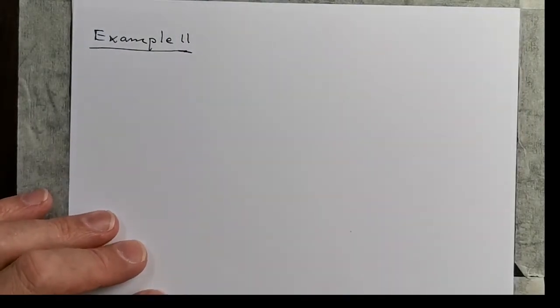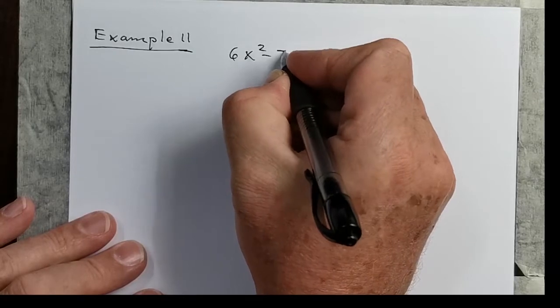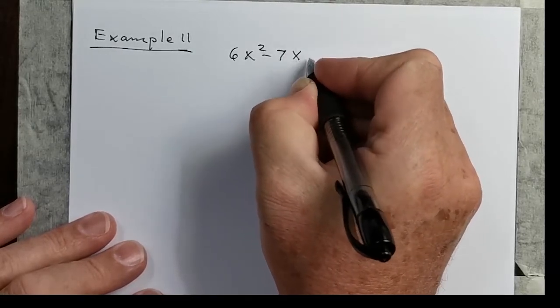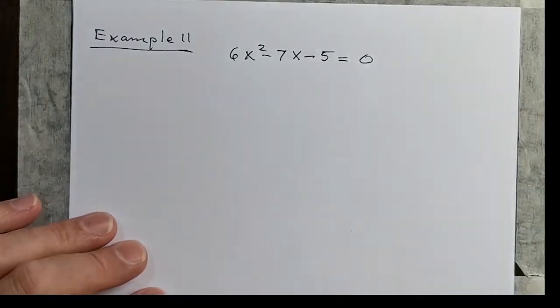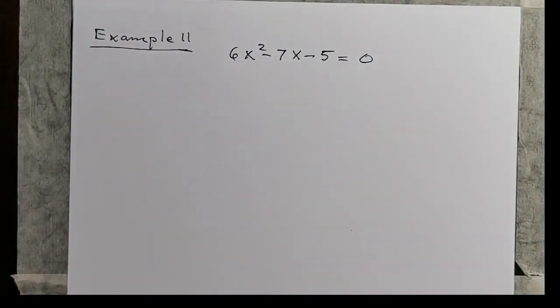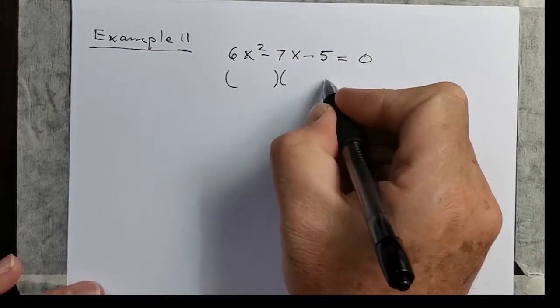6x squared minus 7x minus 5 equals 0. Okay? Solve for x. Well, here again, the way to do it is to factor this expression.